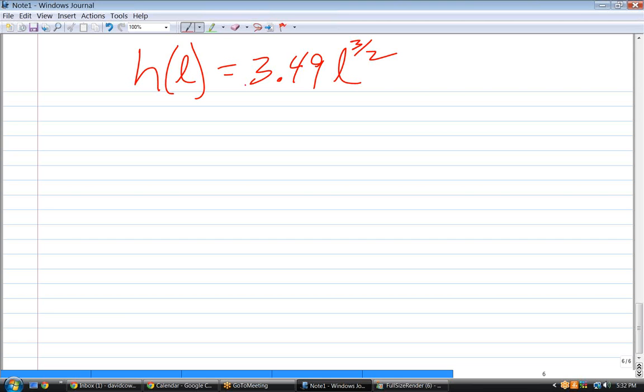Okay, well, we don't have a y here. So let's make h of L equal y. And now we can switch the variables and solve for y. Okay? So what's the next line going to read?